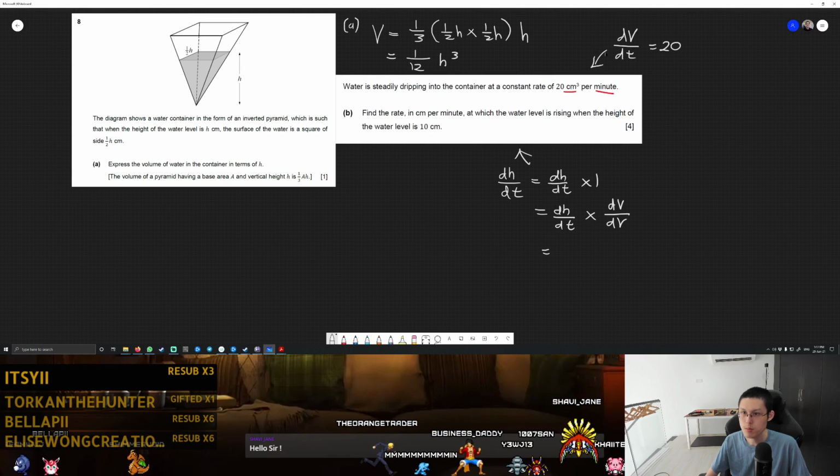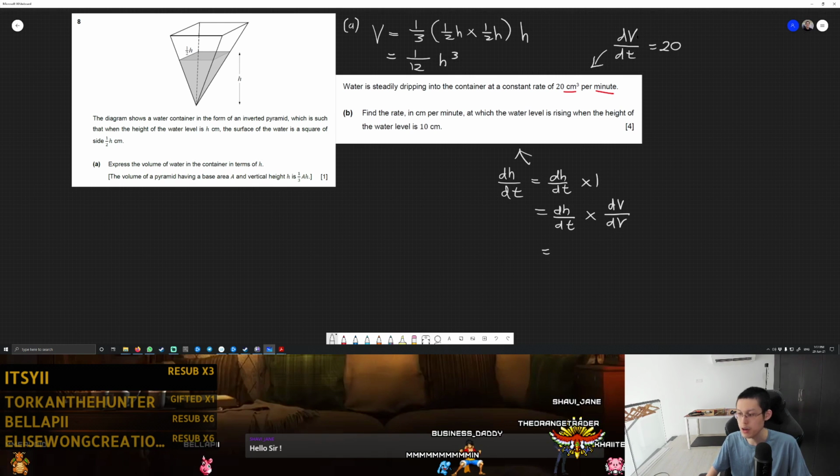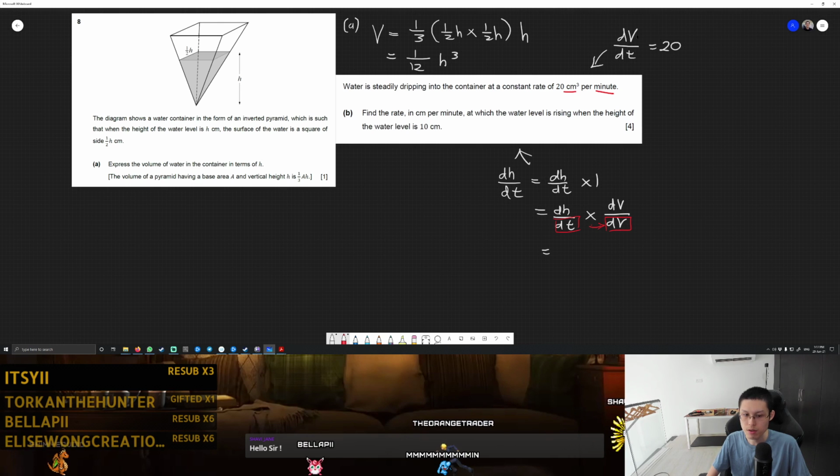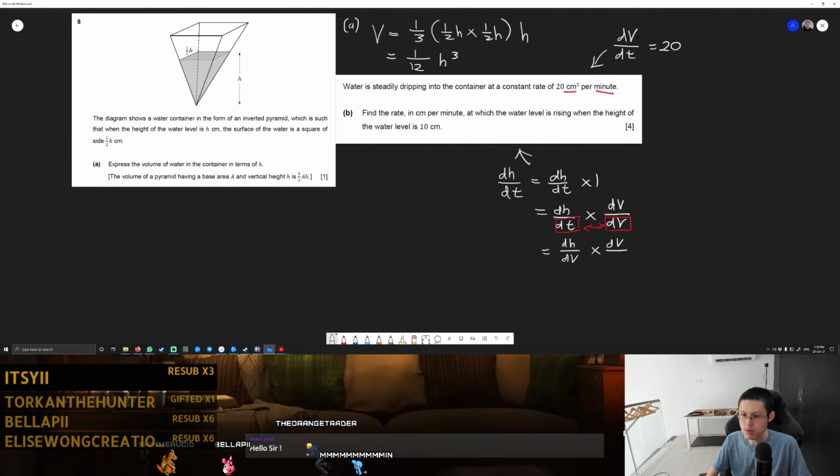Because previously we were given dV/dt, which hints that we are supposed to use V somewhere. Now we're going to swap the bottom two, swap this with this. That gives me dh/dV times dV/dt. I haven't actually changed anything because I'm just multiplying by 1.